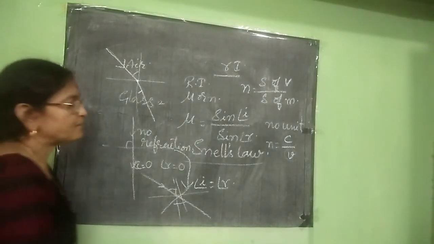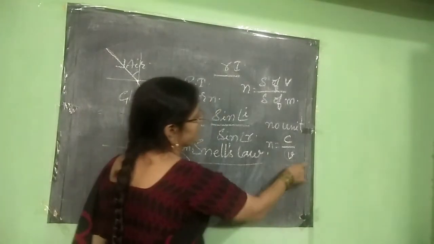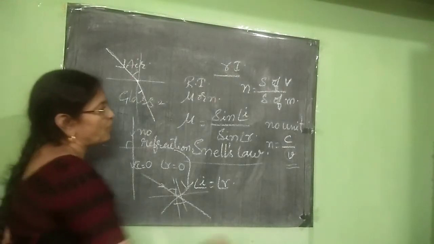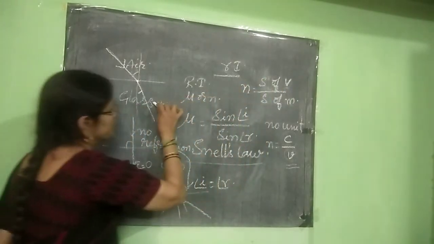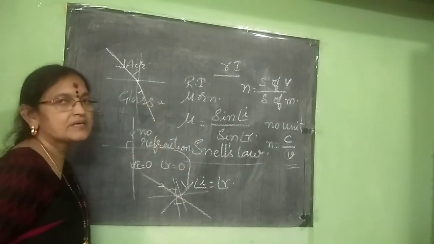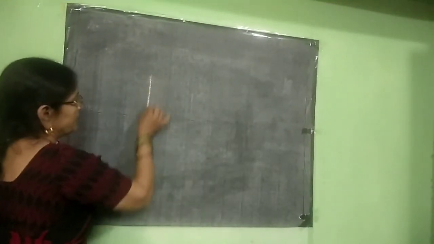This is the absolute refractive index. When you are not comparing with the vacuum, but comparing the refractive indices of two media, that is known as relative refractive index.